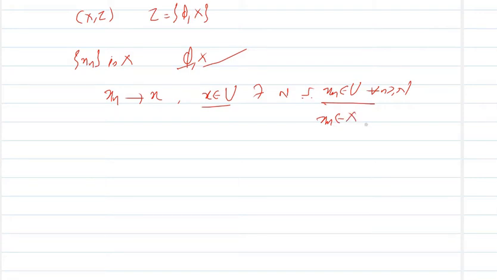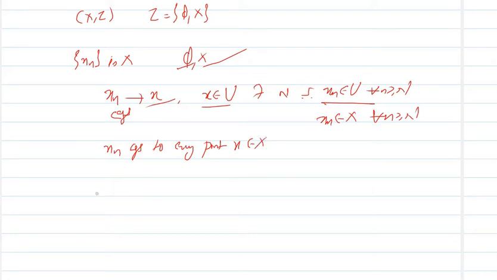That means xn belongs to X for every n greater than or equal to N. That means what? xn converges to every point x in X.